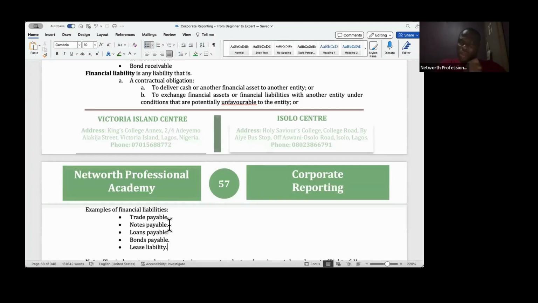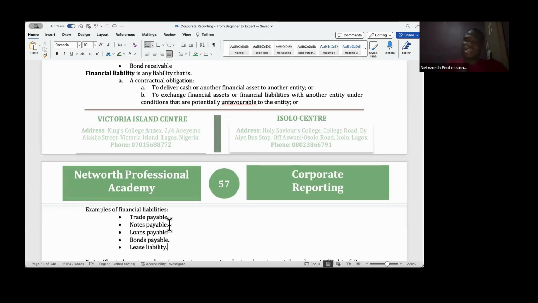Now, according to IFRS 15, which we are still going to look at in this class, when I collect money from anybody for an item that I sell and I have not performed or delivered, I cannot recognize that money I've collected as revenue, because I have not performed according to IFRS 15.